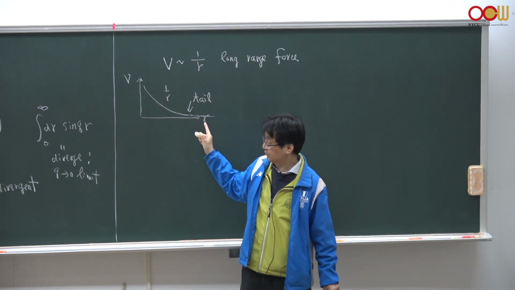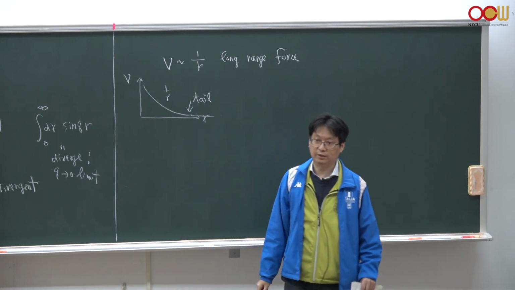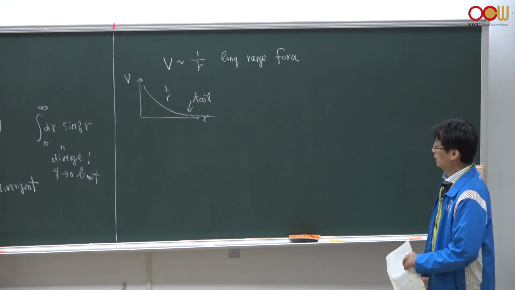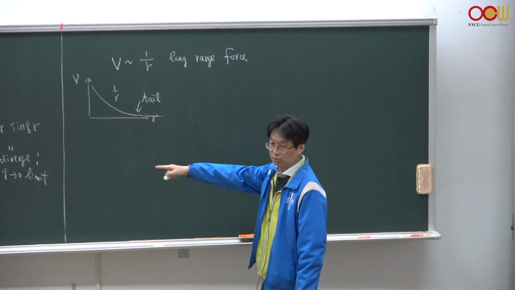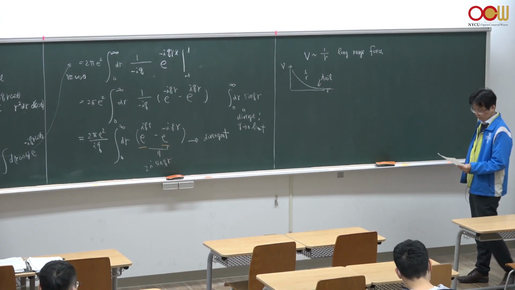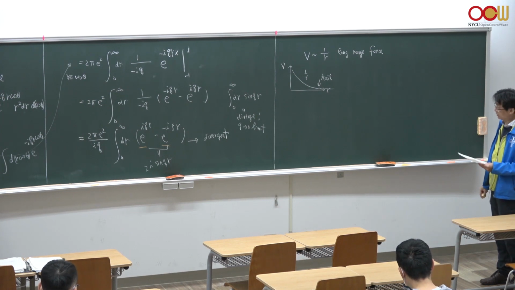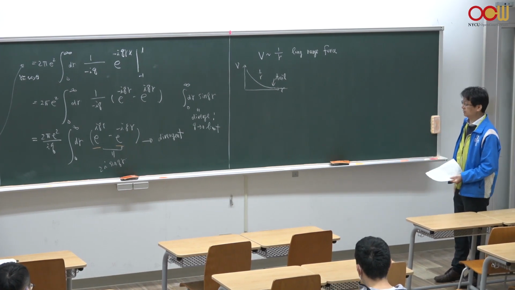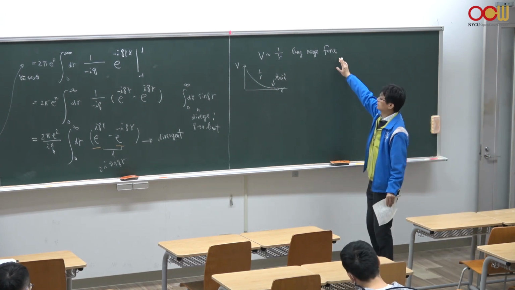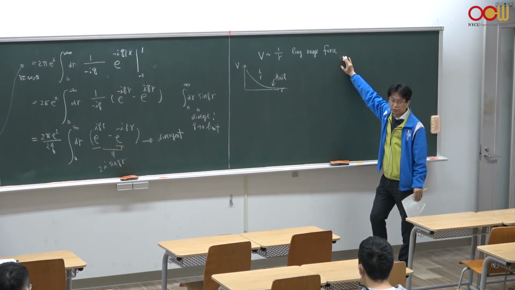Okay, and if you Fourier transform this long-range Coulomb force, you'll get divergence in the limit of q goes to 0. So we will come back to this for the correct physical interpretation. What went wrong here? Nothing is wrong here. It's just that this is the nature of long-range force.